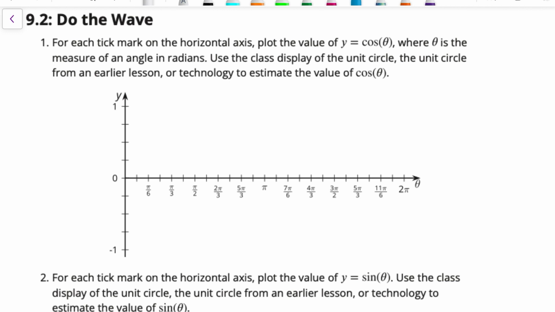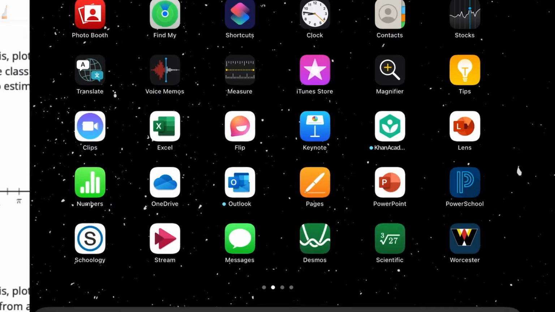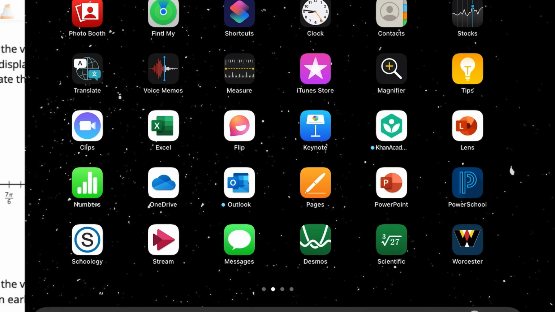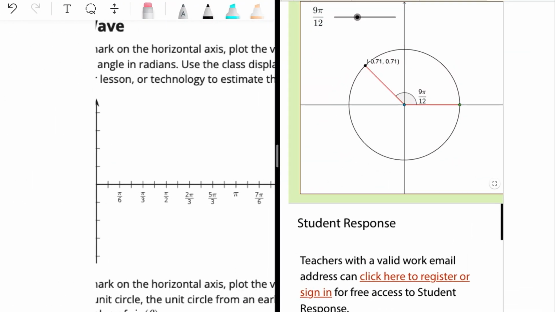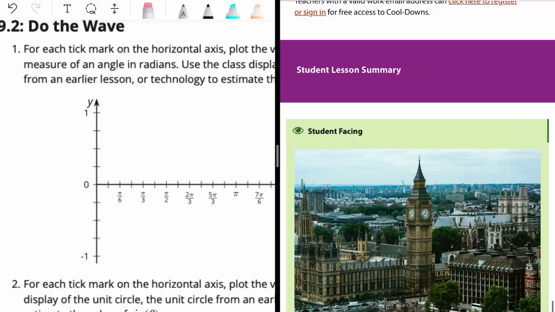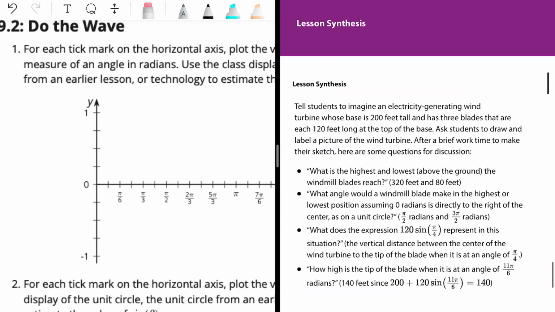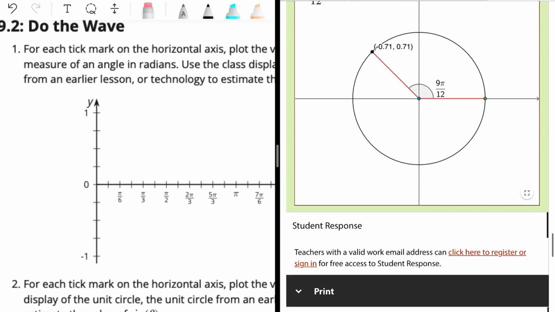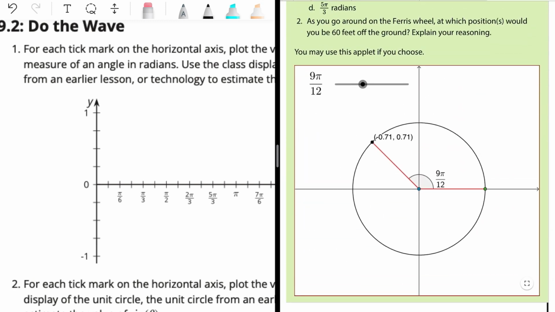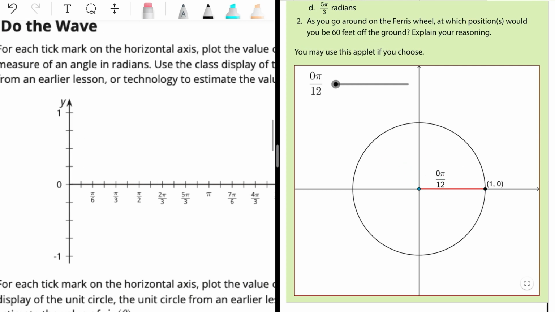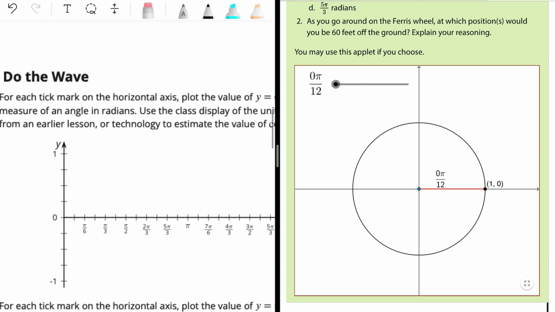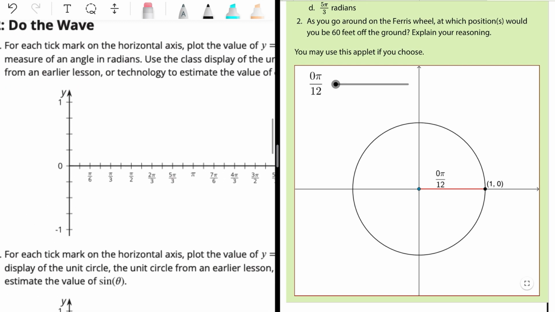I'm going to bring up that applet that we used in a previous lesson. Okay, there is my applet. All right, so we're going to start this back at 0.